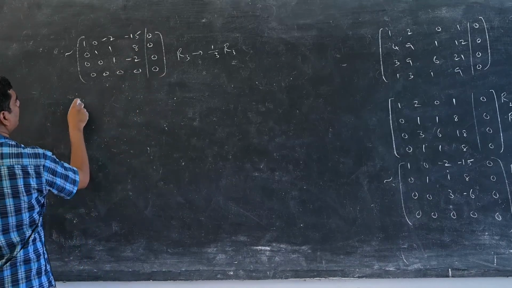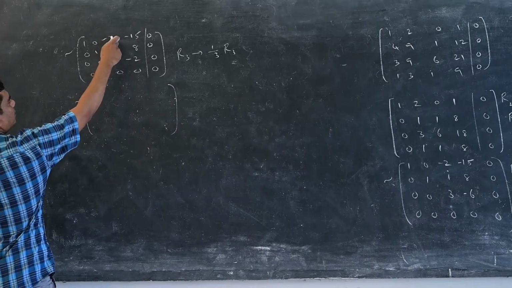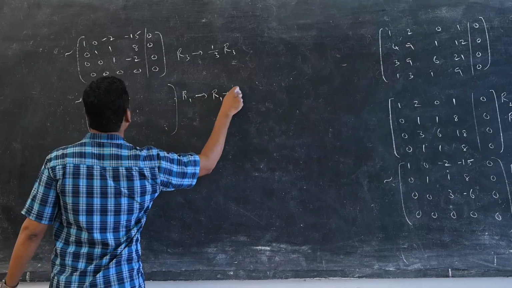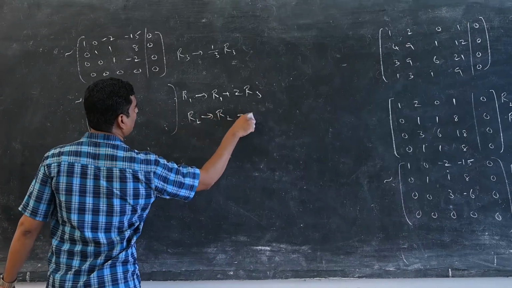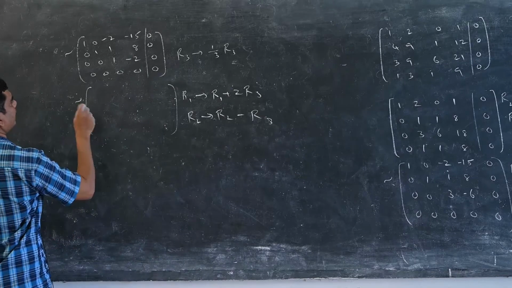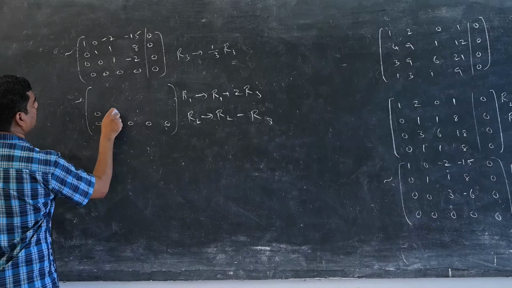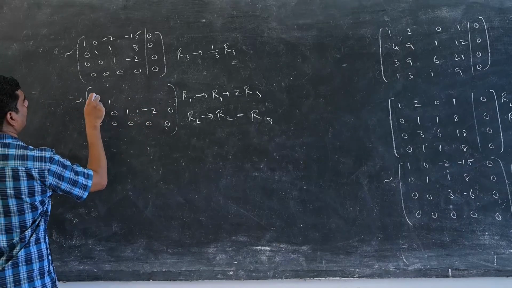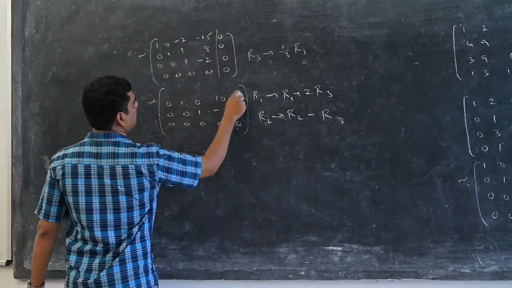Now this is equivalent to, now we have to make this minus 2, 0, this 1, 0. R1 goes into R1 plus 2 R3, R2 goes into R2 minus R3. So it is 0, 0, 0, 0, 0, 0, 0, 1 minus 2, 0, 0, 1, 1 minus 1, 8 minus minus 2, 10, 0.